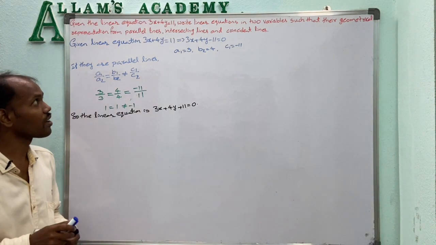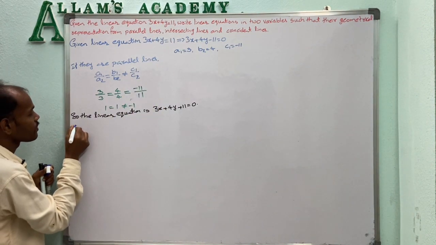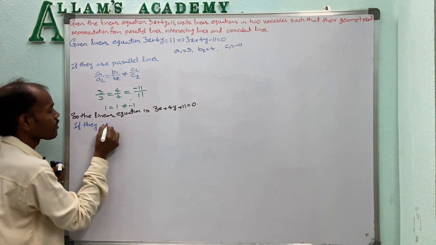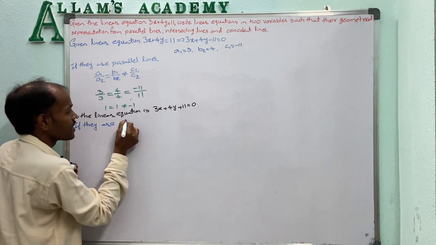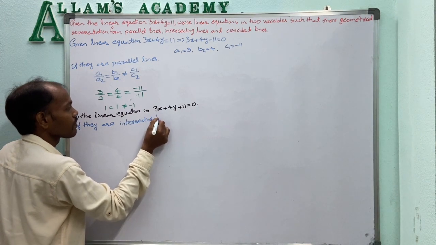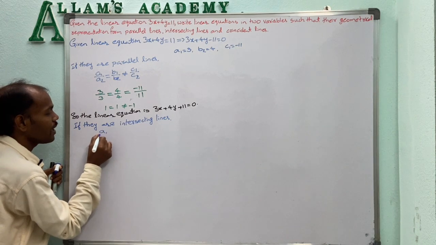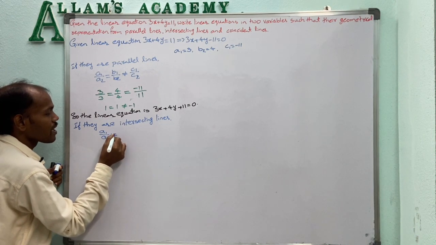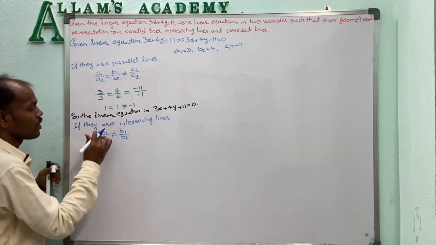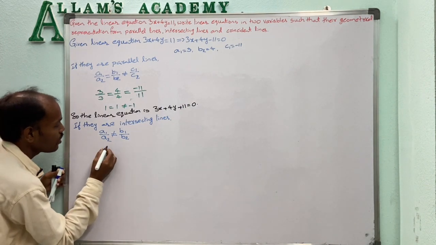Now if we want to write intersecting lines, then the condition is a1 by a2 not equal to b1 by b2. Here a1 is 3 and b1 is 4.